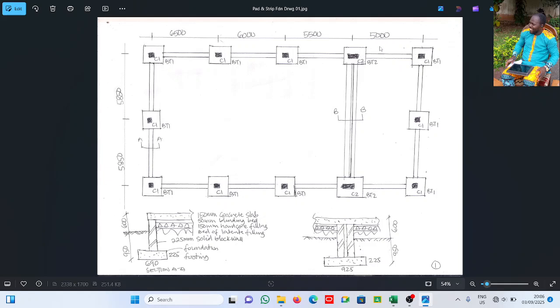That's 1, 2, 3, and 4. And I also need to remove 1, 2, 3, 4. That is 8 bases. Let me take it again.